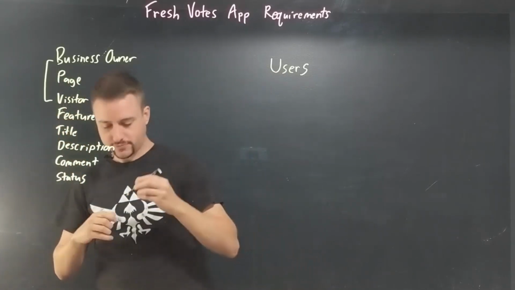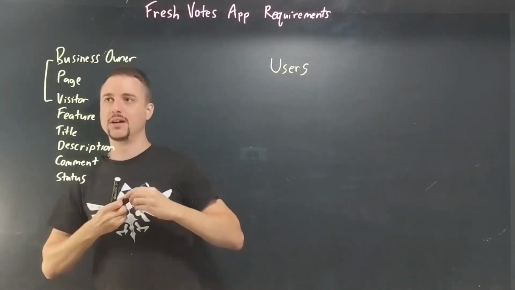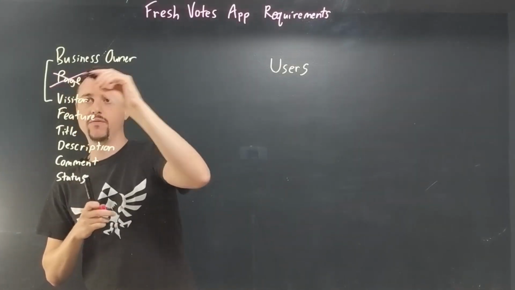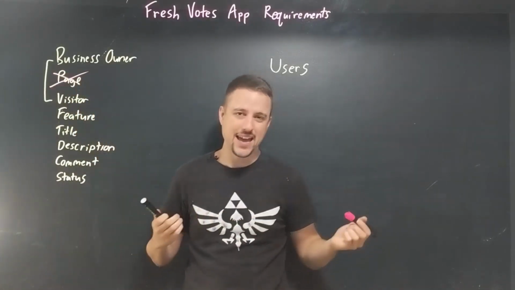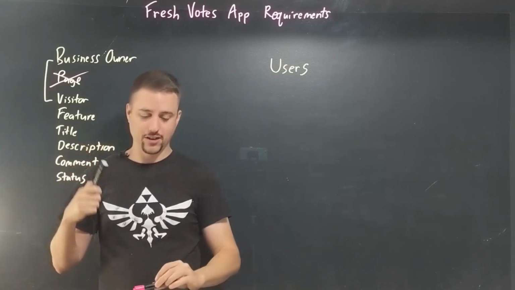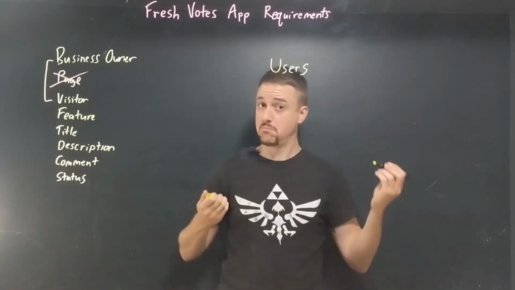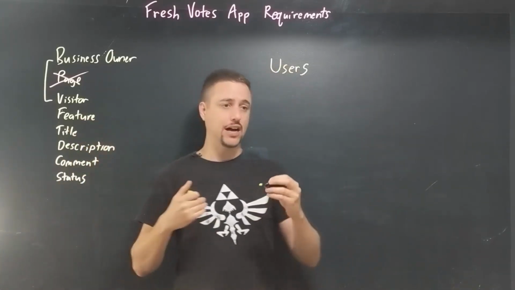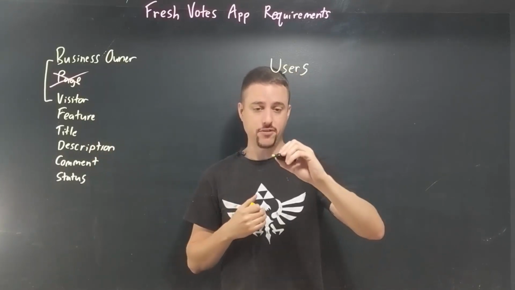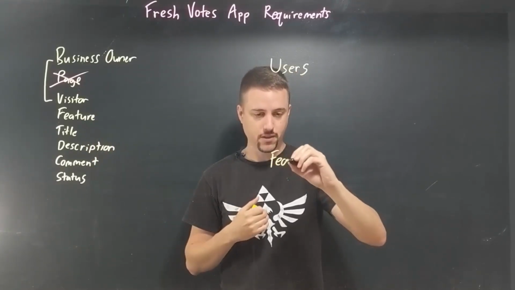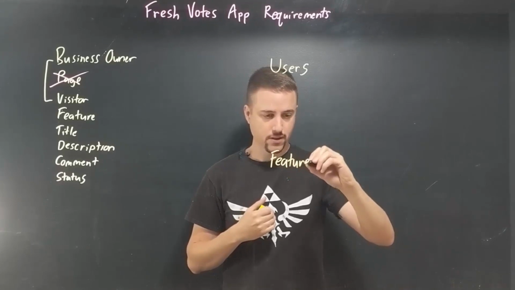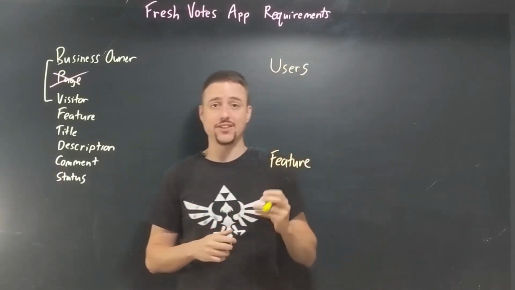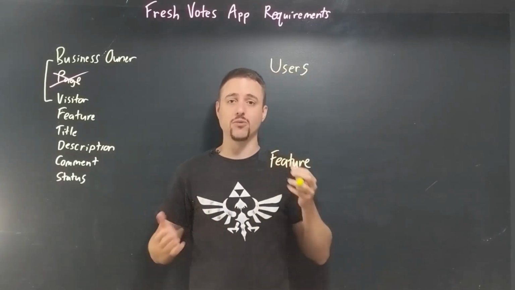So in other words, let me see, I'm gonna give it a red. No. Okay, we're not necessarily going to have a page. We have features that are going to be represented on a page. Make sense? So, cool. I just said feature. So let's have a feature table, because that is really the heart of our application, right?